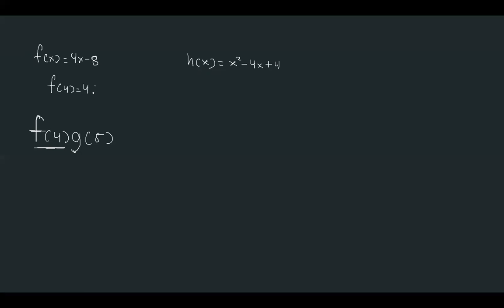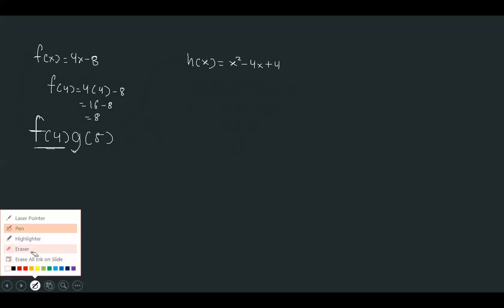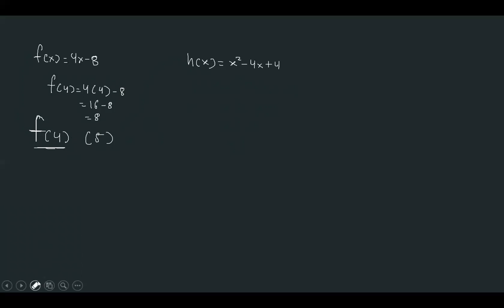So this would be 4 times 4 minus 8. So this is 16 minus 8. So you're going to have an answer of 8. Okay. Oops, sorry. This is supposed to be H. I'm sorry, guys. It's H. There you go. Okay, good.